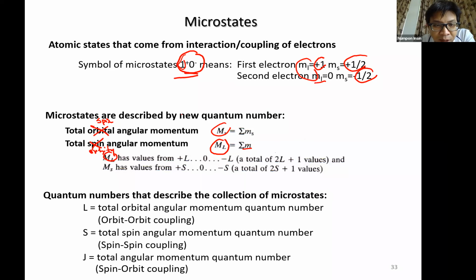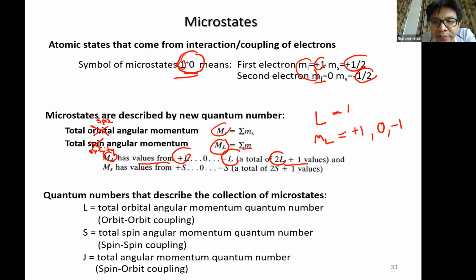So the ML has values from +L to -L, okay? So in total you have 2L + 1 values. For example, if your system has L equal to 1, it means you must have ML values of +1, 0, and -1.